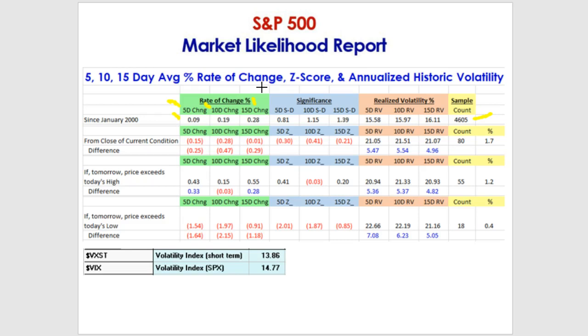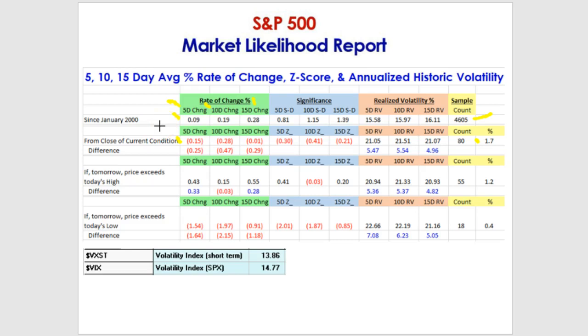Okay, now let's go to our 80 occurrences, which constitutes roughly 1.7% of the total population we have. And of those 80, the average 5-day rate of change is going to the downside 0.15%. Look at that.